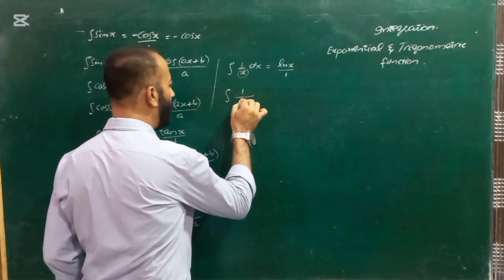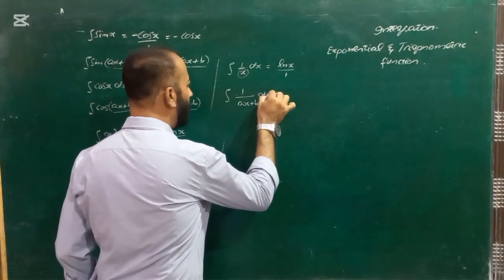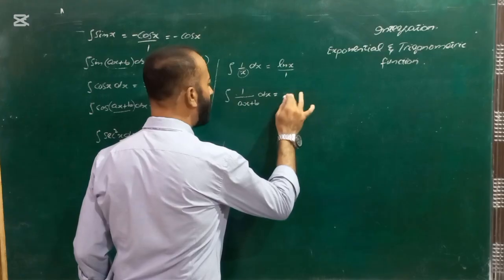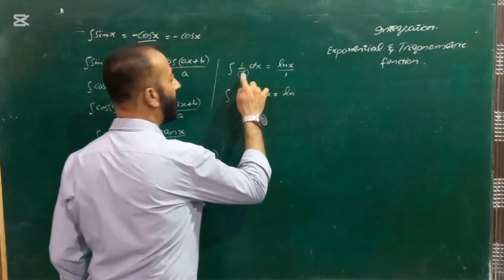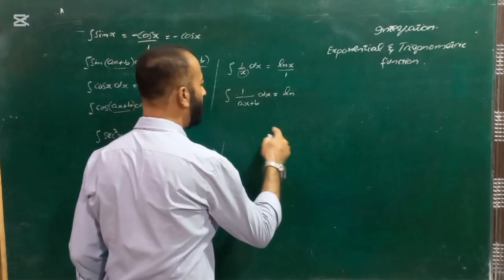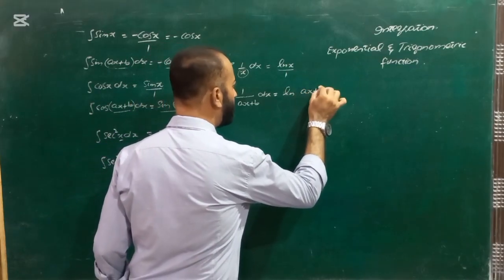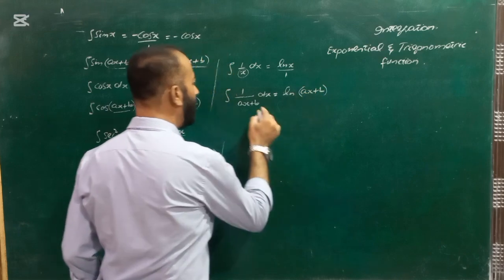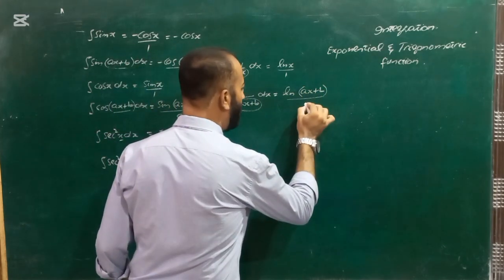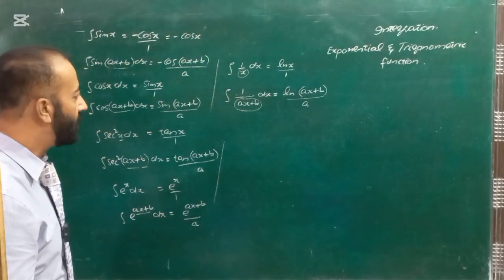Suppose we are given ax + b, so the integral of this one is natural log of it. Because the answer of the 1 over x integral is natural log of, first this thing will be put as it is. Then we will take the differential of this thing, that is a, and that a will be placed in the denominator. So this is the answer.